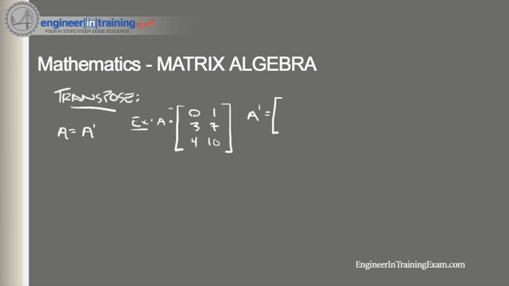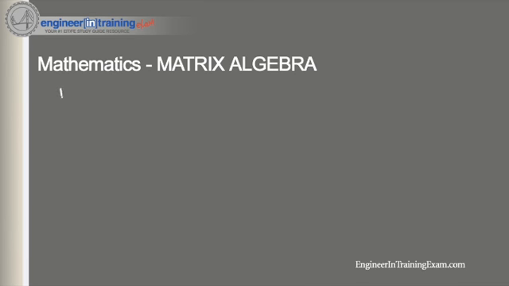So row number 1 is 0, 1. That's going to be column 1 in our transposed matrix. The second row is 3, 7, which is the second column, and then 4, 10. And that's essentially it. Just note, a 3 by 2 matrix, when transposed, becomes a 2 by 3 matrix, so it's essentially flipped on its side.